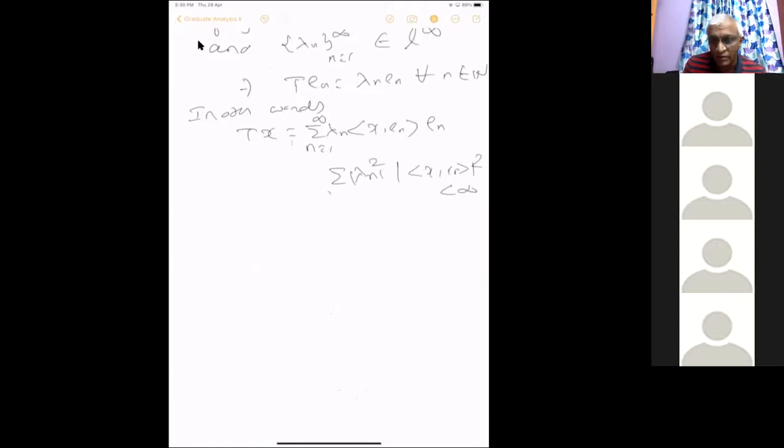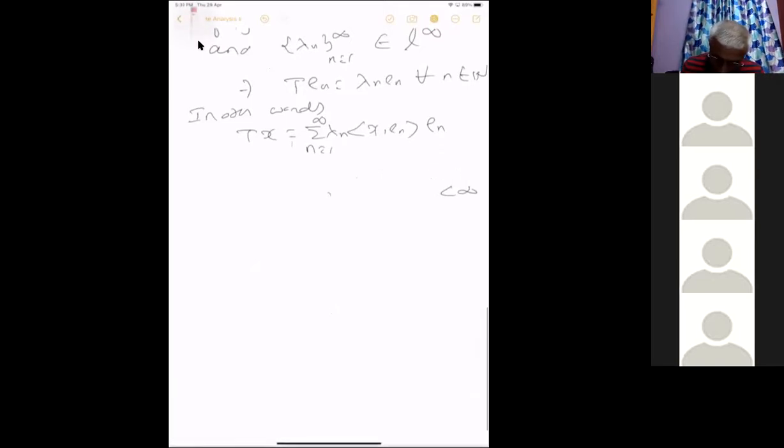You can take the lambda n out, and because lambda n is in L infinity, this is true. Okay? So if you have any L infinity sequence, you can define such an operator, and if it is a diagonal operator which is bounded, it should be in L infinity. You can check, because the e_n are in the unit ball, and the supremum of the norms of T e_n should be bounded. That's because it's in L infinity.